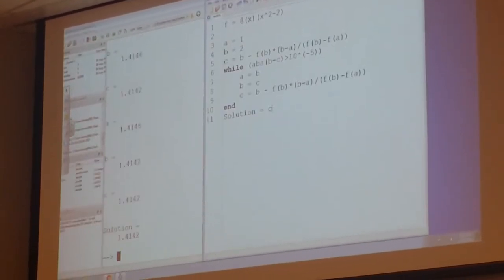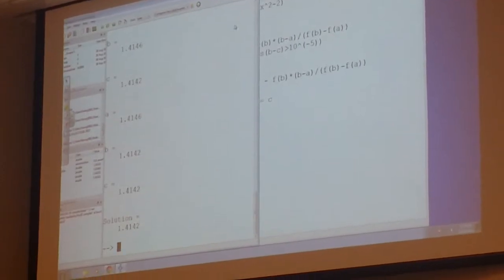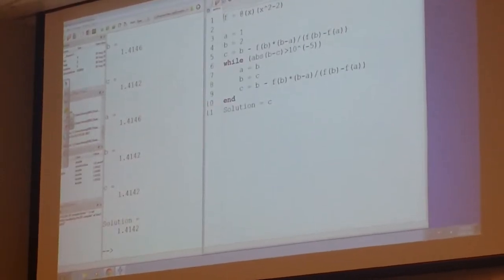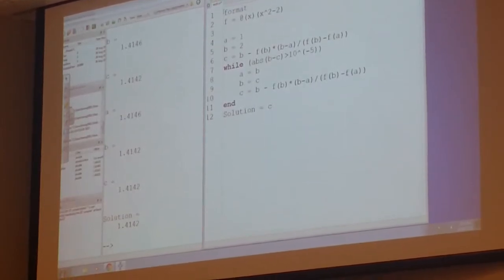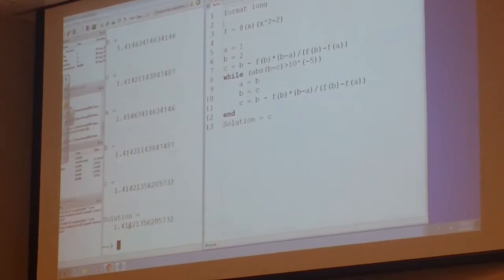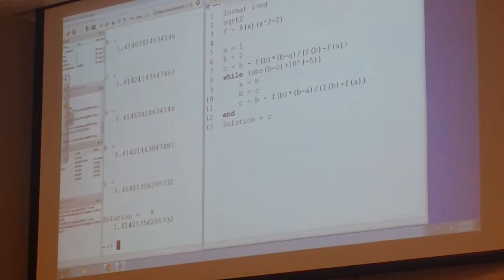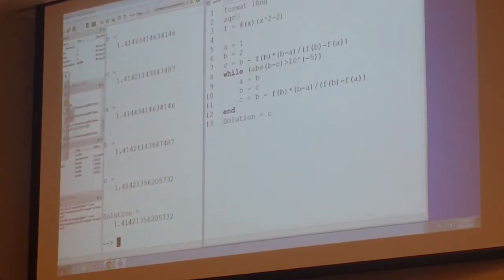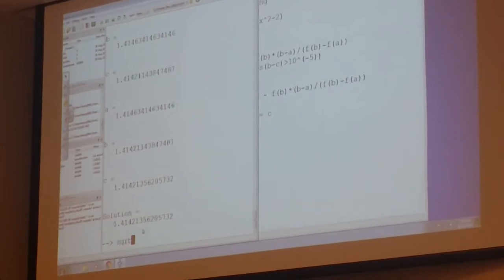Let's run this. Now look at what the answer is. Better yet, let's do format long, to make sure you display more decimal places. Let me show you what square root of 2 equals exactly.